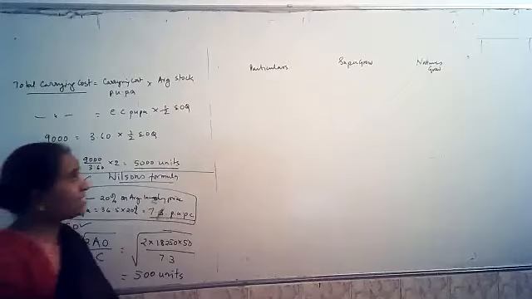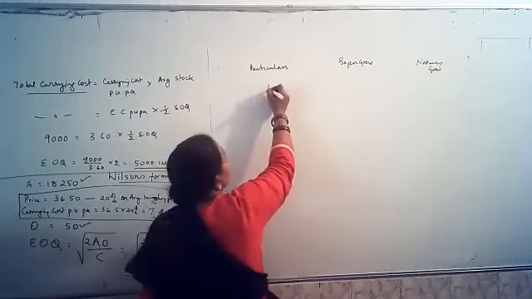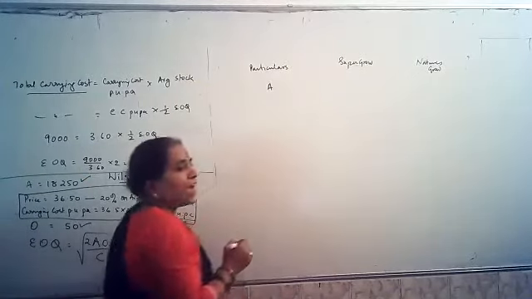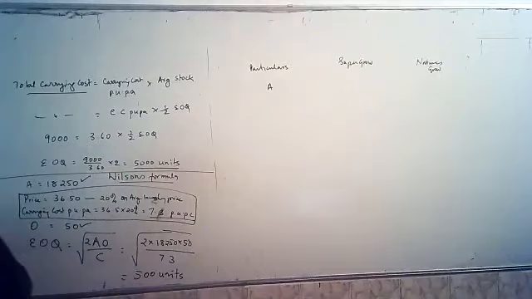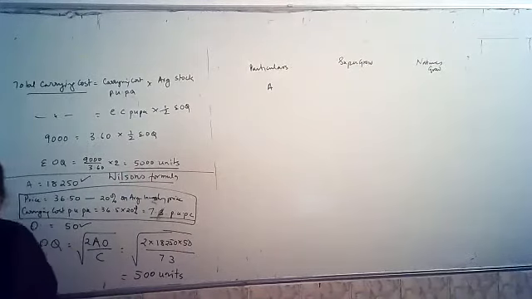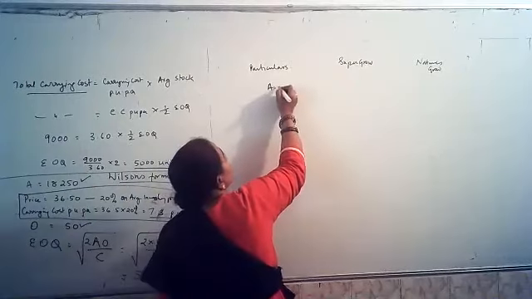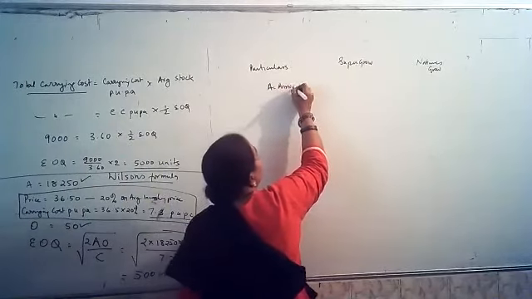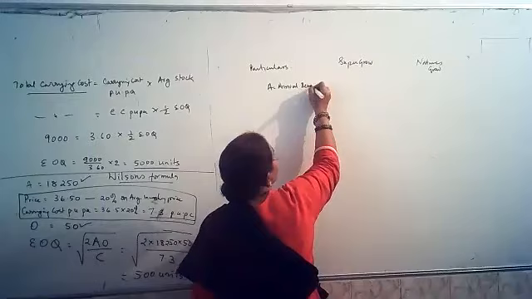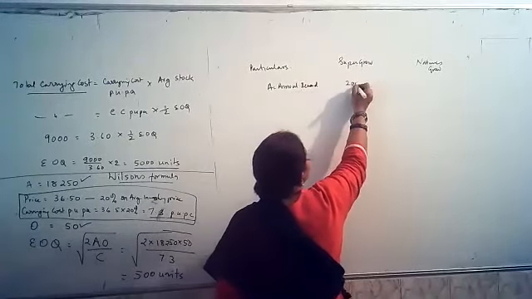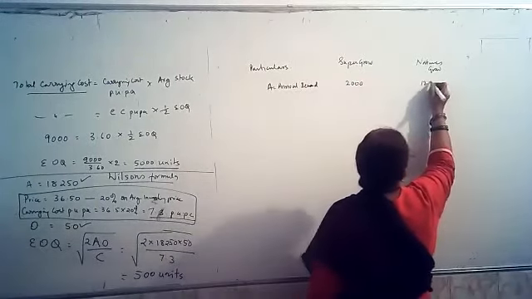Let's write down all the information they have given. A, how much is the annual requirement for Nature's Grow and Super Grow? A is annual requirement. One is 2000 bags, one is 1280 bags. So write down A is equal to annual requirement, annual demand. This is 2000, this is 1280.